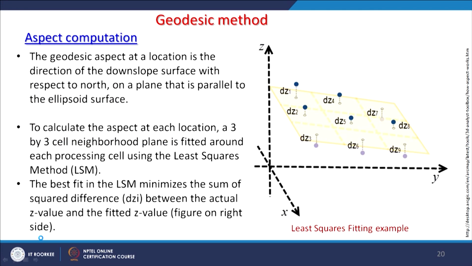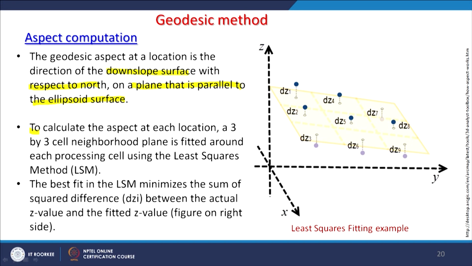And now, in this geodesic calculation, aspect is basically the direction of the downslope surface, and it is measured with reference to the north, of course on a plane that is parallel to the ellipsoidal surface, because it has to be measured only in a horizontal plane basically.